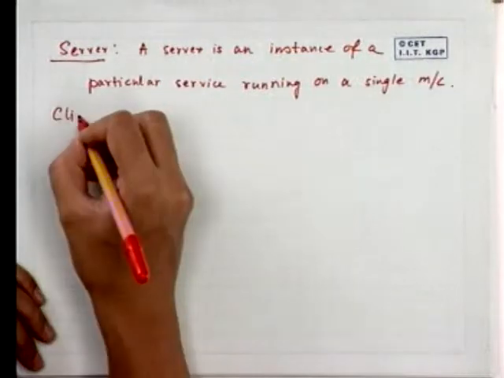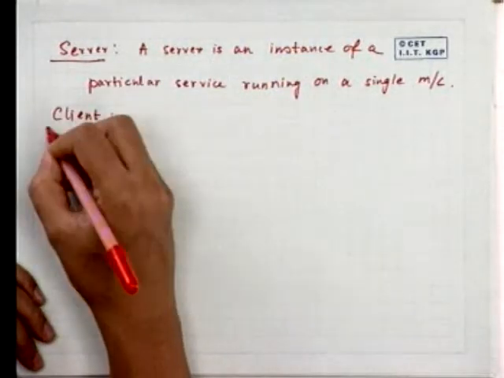Now, what is a client? A client is also a software entity, but it is a software entity that exploits the services provided by the servers.